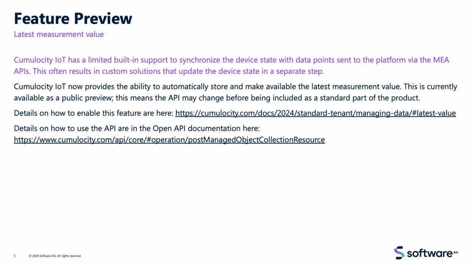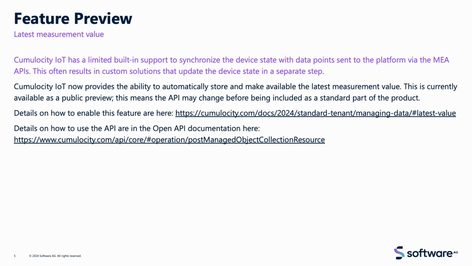And last but not least, we have a feature preview. The feature preview is for holding the latest measurement value. Up to now, it has been a little difficult to synchronize the device state with the data points that are sent into the platform. So now what you can do is say, I want to actually store the latest measurement value and be able to retrieve that.